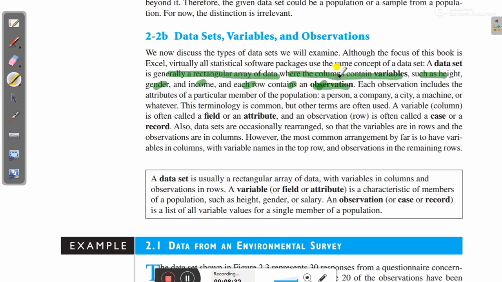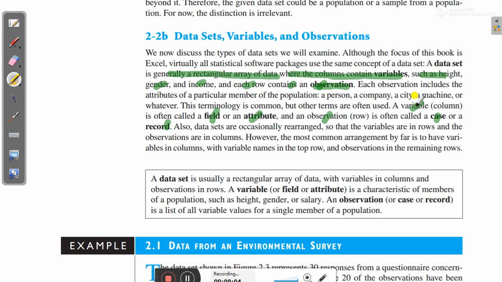So the basic things in a dataset are variables and observations, and a variable can be named a field or attribute at many times. An observation is also often called a case or a record, which is the row of the table or chart or the dataset.